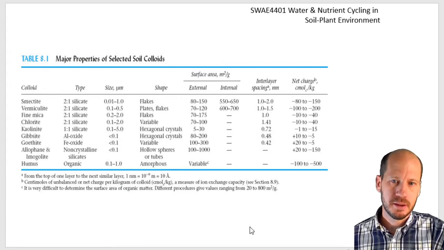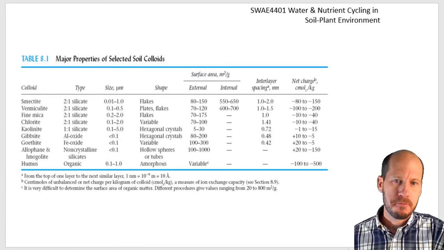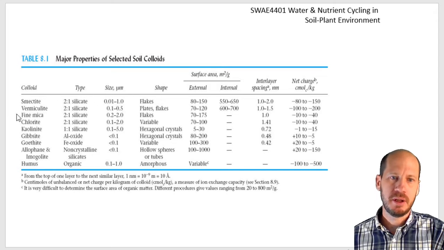These different clays, including the humus, will have different properties: different amounts of charge, different types of charge, and different surface areas, so all this will condition how many ions you can adsorb. The highest amount of charge per gram of material is on humus. After that, you have the 2-to-1 clays being more charged, and then the 1-to-1 clays.